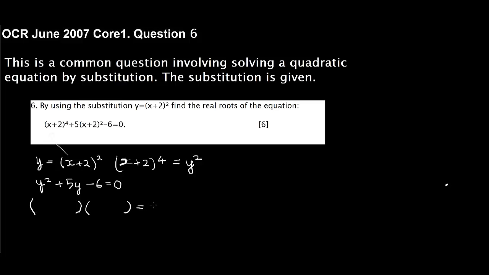So if we try and factorise that, we put a y in there and a y in there. Now we're looking at factors of minus 6 that add together to give us plus 5. This is minus 6, so one's going to be positive and one's going to be negative. Because this is a plus 5 there, we're going to get (y plus 6) times (y minus 1) equals 0.